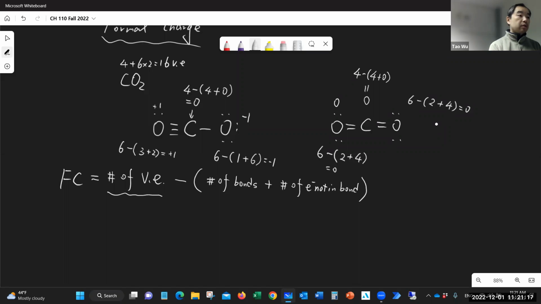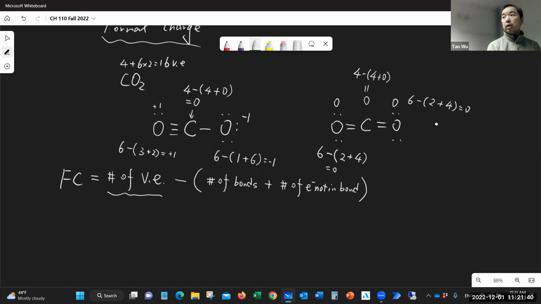So this structure has 0, 0, 0 for all the elements. Then you can tell the difference. The other has +1, 0, -1, and this one 0, 0, 0. Which one is the best Lewis structure? The more zeros, the better.